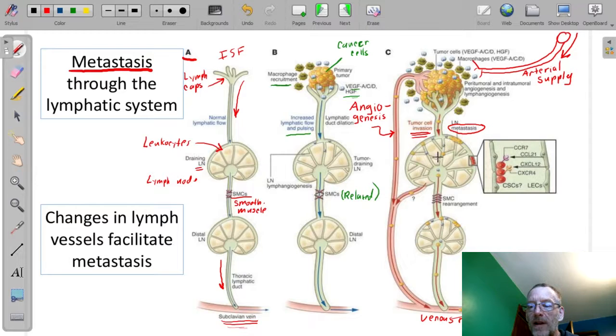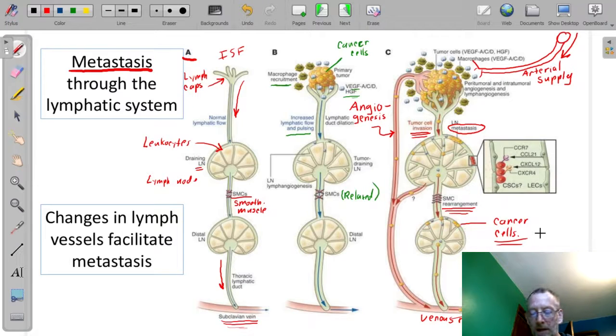The lymph node may swell as the tumor starts to develop in that lymph node. The smooth muscle cells have rearranged themselves again to facilitate increased lymph flow, and then we can wind up with more cancer cells. So, just some thoughts to be aware of with the spread of cancer and the involvement of the lymph system. And that's enough of that for right now.